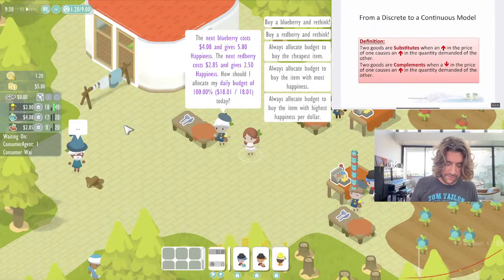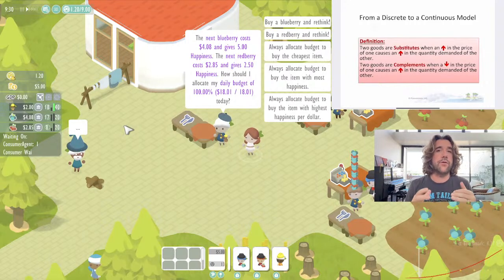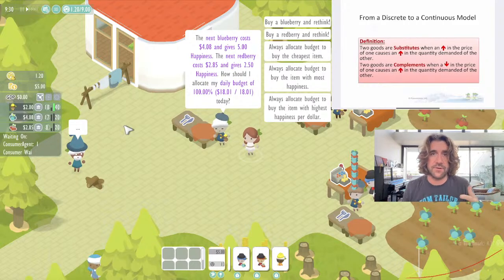These are all the important effects, substitution and income effects, that we see when we observe the demand curve. And this is exactly what we are doing here. We are building a demand curve in automated mode for this consumer. Every time there is a change in the price of blueberries or red berries or both of them, the cost-benefit principle tells us to change our decision.